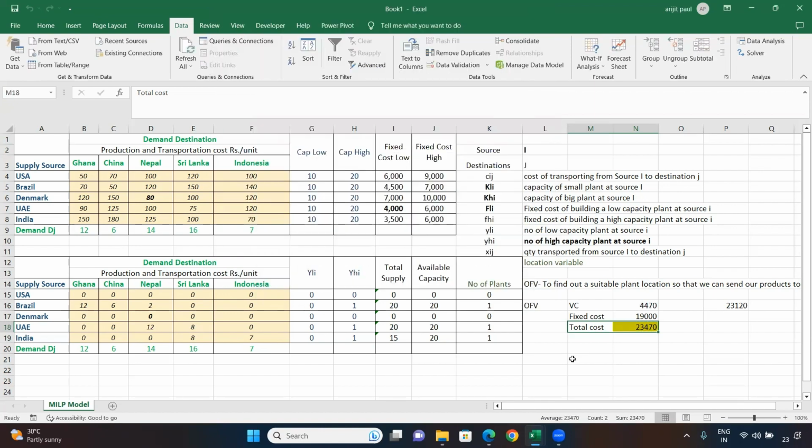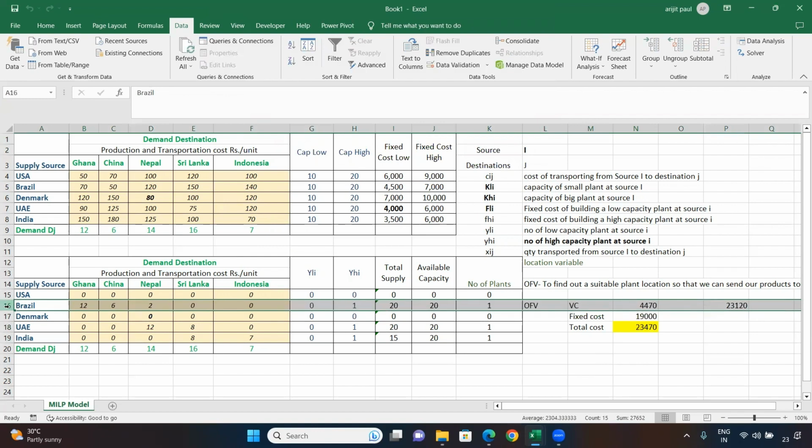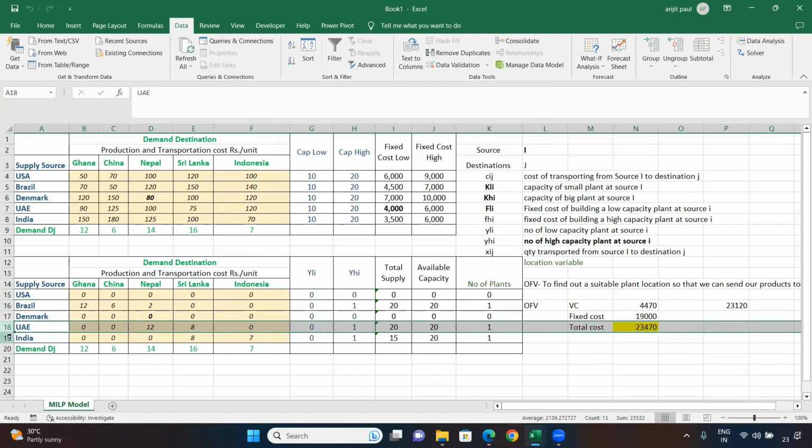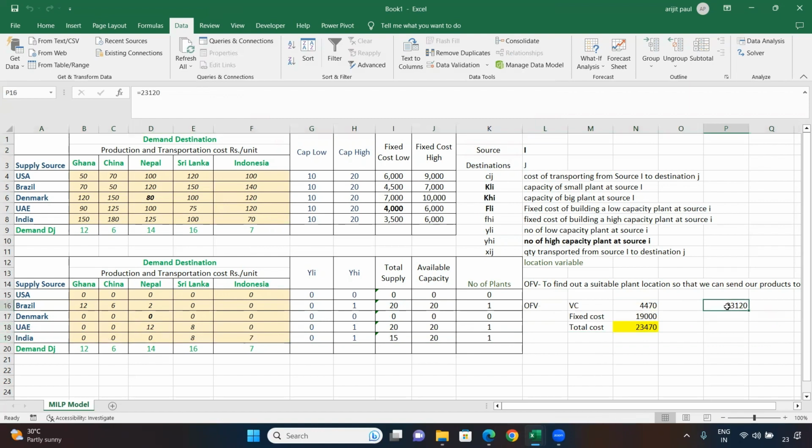Now you can see as per this additional constraint, we are going to set up a high capacity plant in Brazil, one high capacity plant in UAE and one high capacity plant in India. Initially we received a total cost of 23,120, but right now you can see the total cost has increased from 23,120 to 23,470.